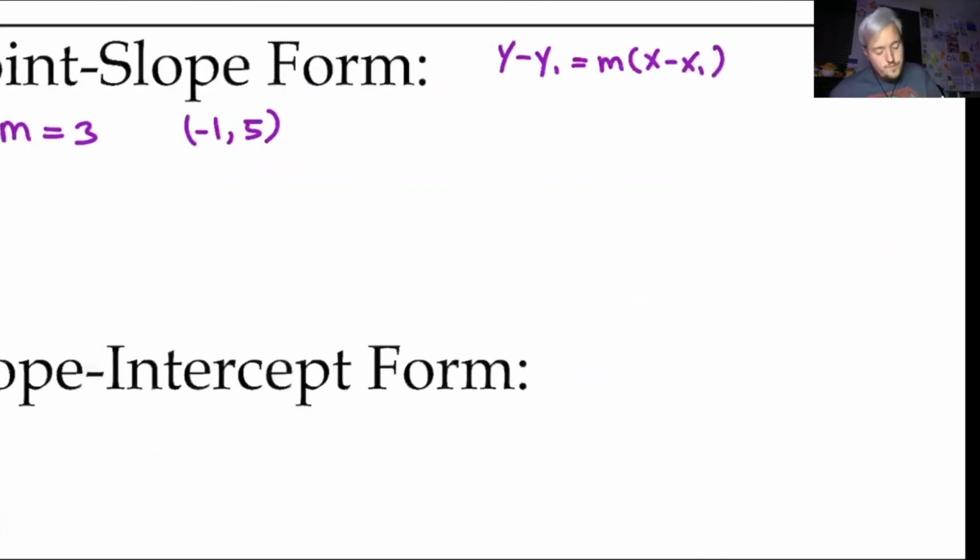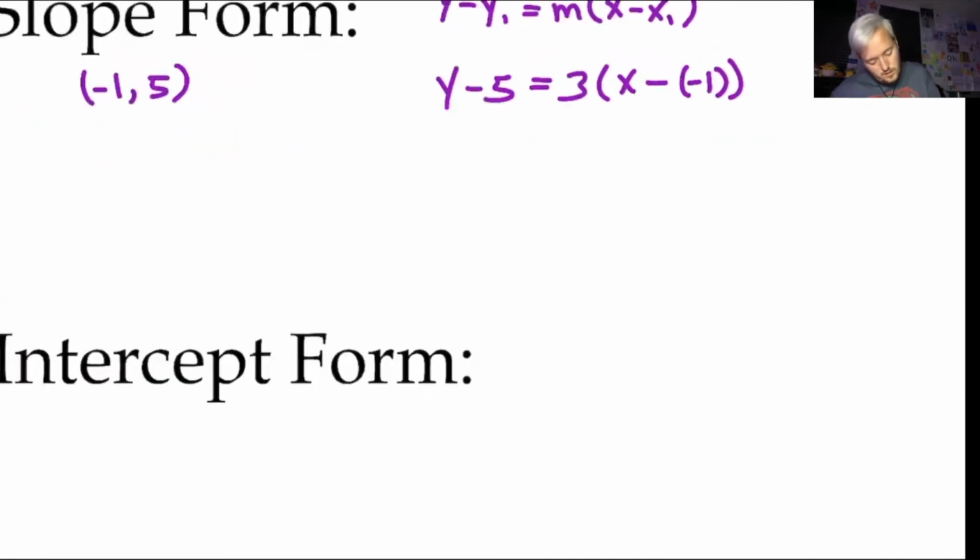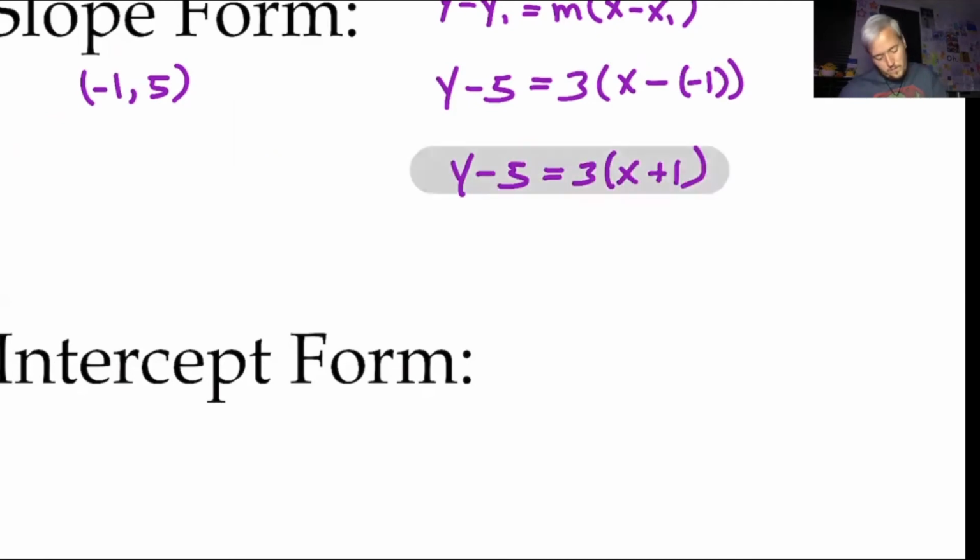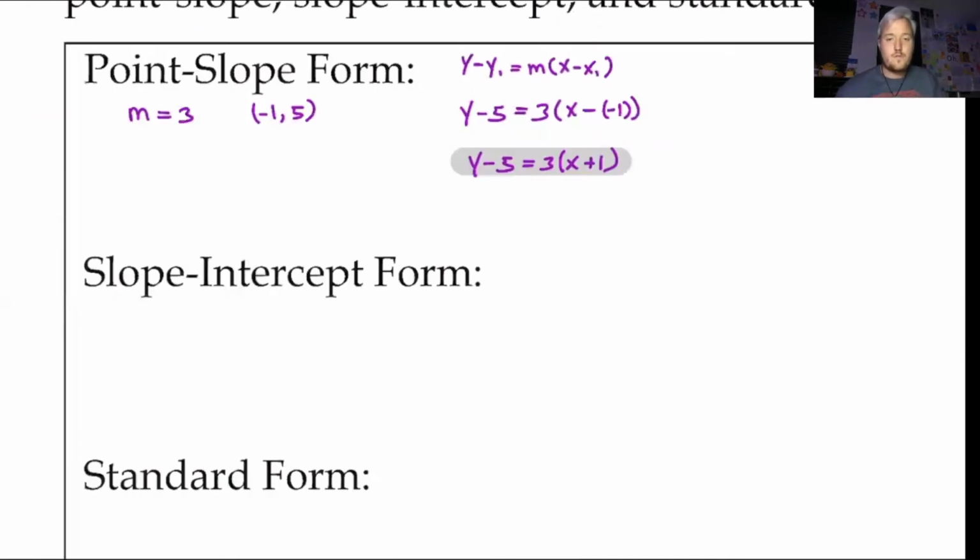So y minus 5 equals 3 parentheses x minus -1. So that's going to turn into y minus 5 equals 3 parentheses x plus 1. So there is our point-slope form.